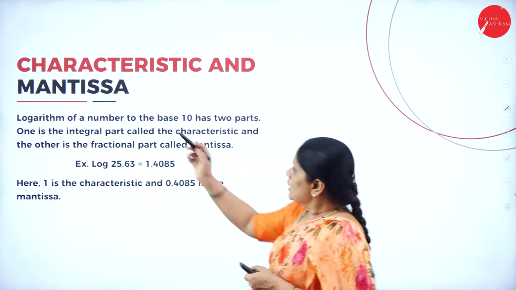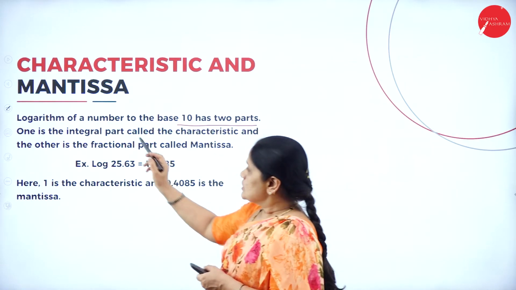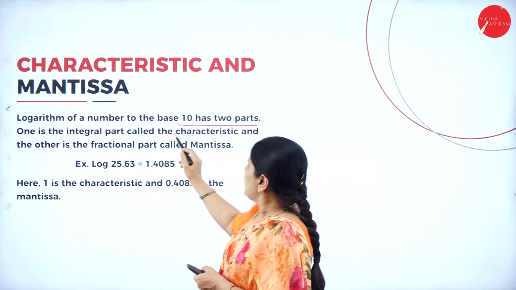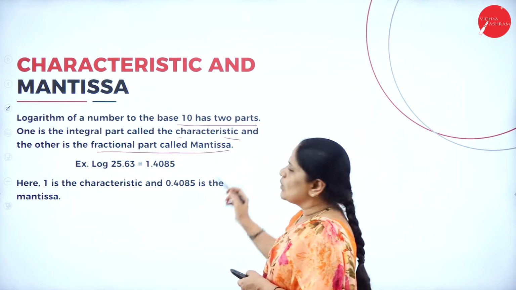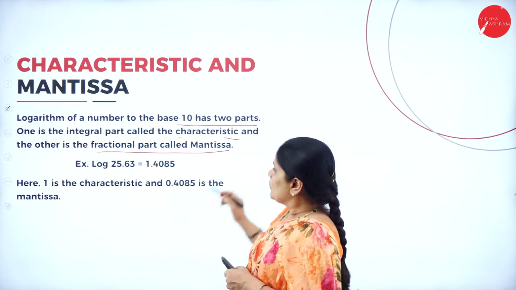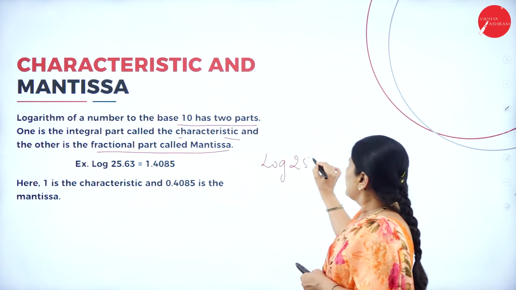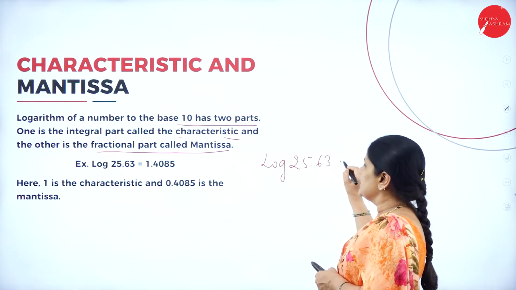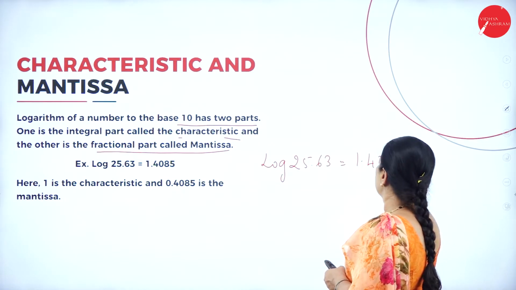Now, the logarithm of a number to the base 10 has two parts. So here the integral part is called the characteristic, the other is the fraction part called the mantissa. Now suppose the log value of 25.63 equals 1.4085.